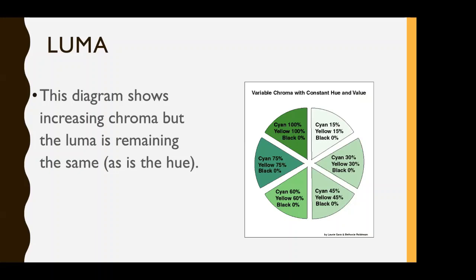So we've only got 15% color in this one wedge. But your conventional, non-industry, non-color theory upbringing is to imagine that whiter is brighter. In fact, the luma value, the brightness value of these two pies, the 100-100-0 and the 15-15-0, are the same.